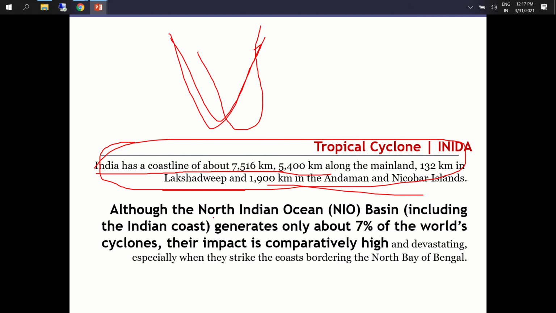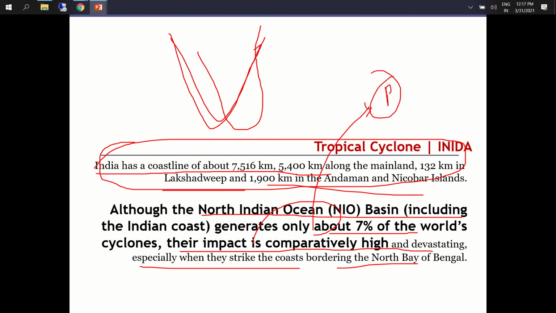Although the North Indian Ocean basin generates only about 7% of world cyclones, their impact is comparatively high and devastating, especially when they strike the coast bordering the North Bay of Bengal. Why? Because of the direct population numbers.